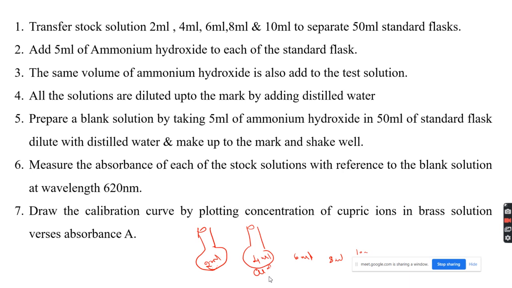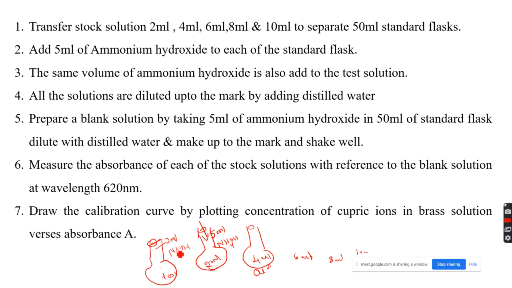first. Then to make it into cuprammonium sulfate, to each standard flask, 5 ml ammonium hydroxide is introduced. And we'll take one test solution, some X quantity of test solution, and to this test solution also we introduce 5 ml ammonia.